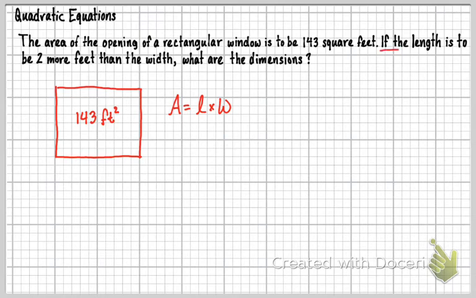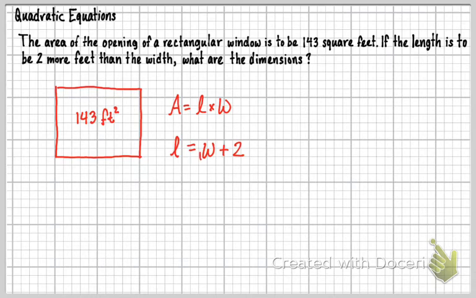It says if the length is to be 2 more feet than the width, so the length is 2 more feet than the width. That's what they're actually talking about here. So whatever the width is, the length is 2 feet more.